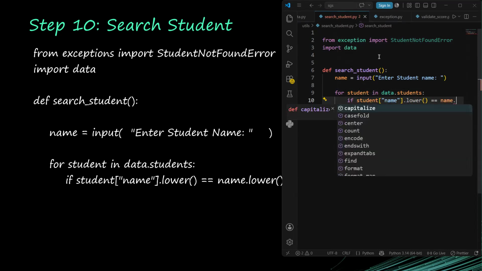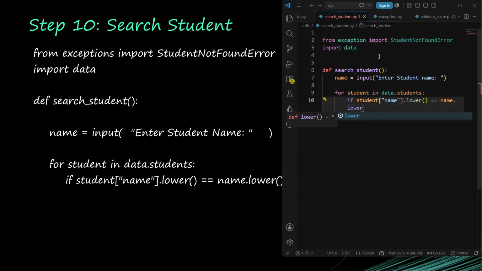So it's name.lower. We are converting what the user gave us to lower, and we're also converting the student's name to lower.